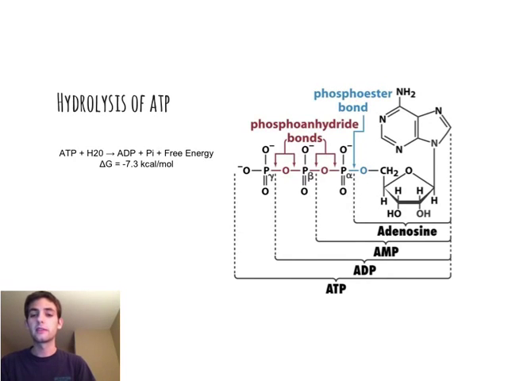So to give you a little bit more insight into how the hydrolysis of ATP works, let's look at this diagram here. So you have your adenine, your ribose sugar, and then you have your 3 phosphate groups. Well, hooking together those 3 phosphate groups are these types of bonds called phosphoanhydride bonds.